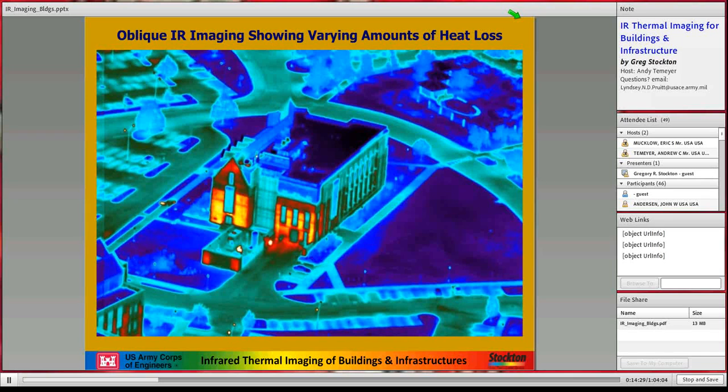Another infrared image, and you can see this definitely has some problems. Another image where we're looking at a very low angle, and we can see that on the front there and all the way around the side there is definitely much more heat loss than on the other part.